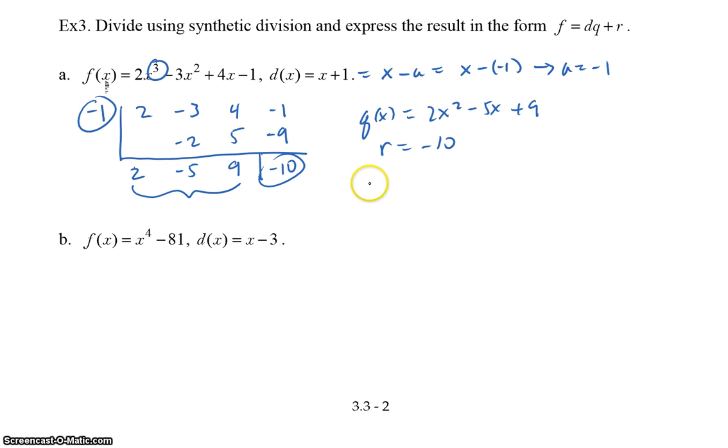Now writing f of x in the form divisor times quotient plus remainder, we can write f of x equals x plus 1, the divisor, times the quotient, 2x squared minus 5x plus 9, plus the remainder, plus negative 10, or simply minus 10.